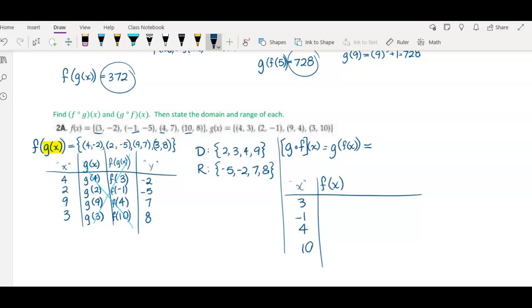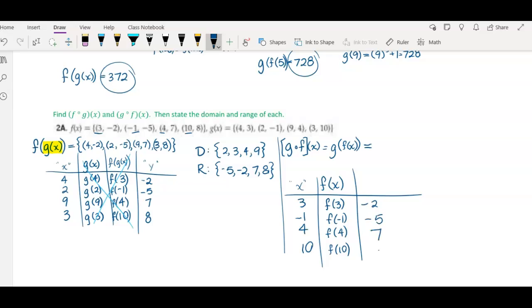When I compute f of 3, f of -1, f of 4, f of 10, what answers do I get? Well, when x is 3, y is -2. When x is -1, y is -5. When x is 4, I get a 7.